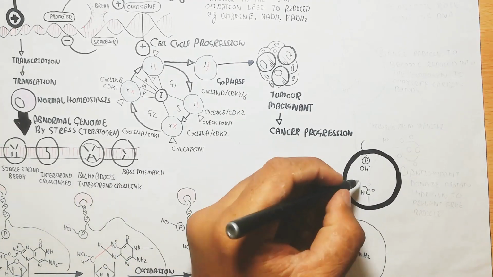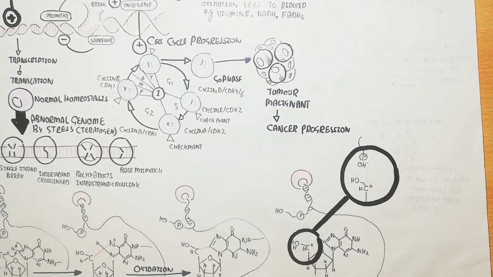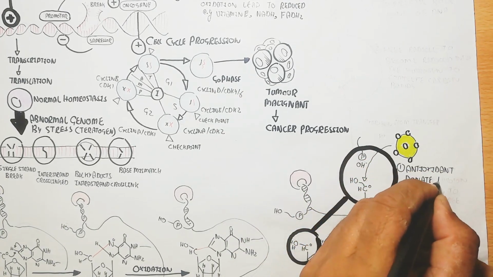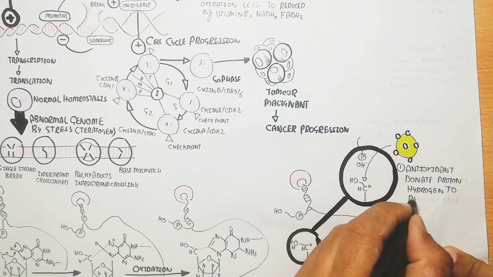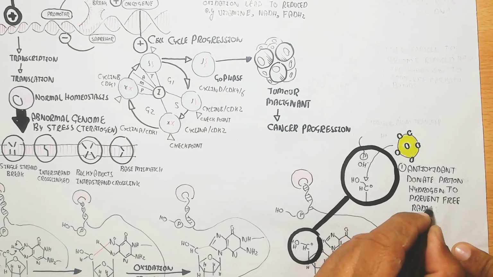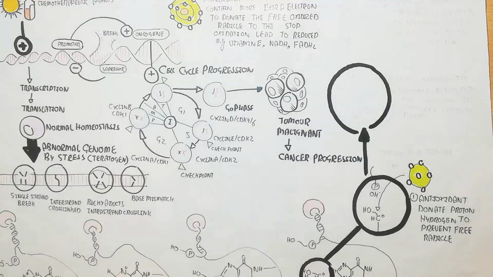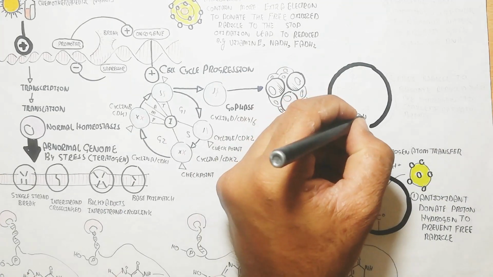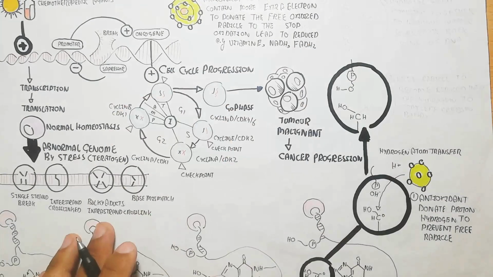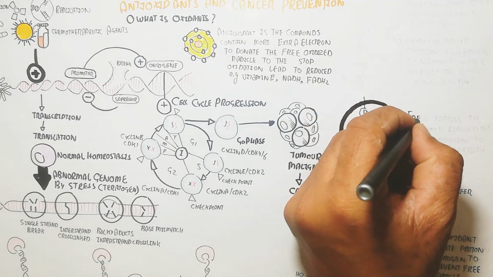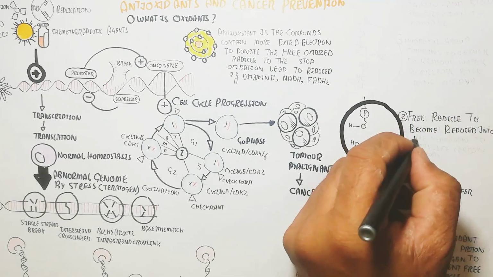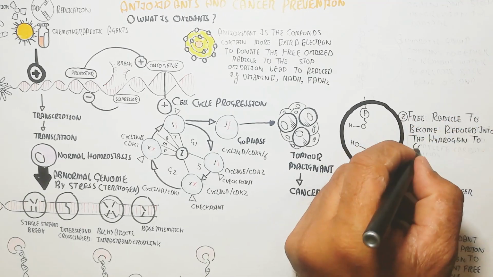So the number one step is that the antioxidant donates a proton, hydrogen, to quench the free radical. In this way the free radical is prevented, through hydrogen atom transfer, and CH2 and OH are formed, with the hydroxyl group on the phosphate group. The free radical is reduced by the hydrogen to complete the carbon bonds.